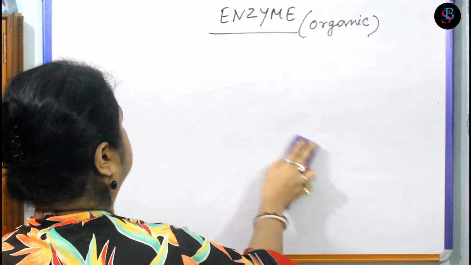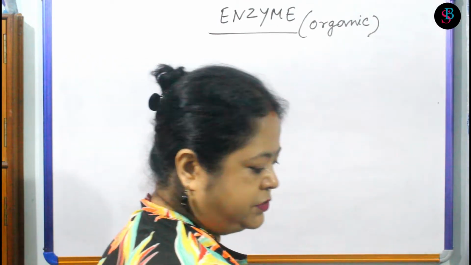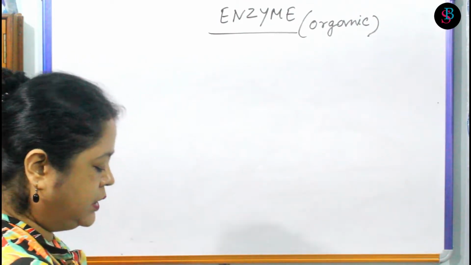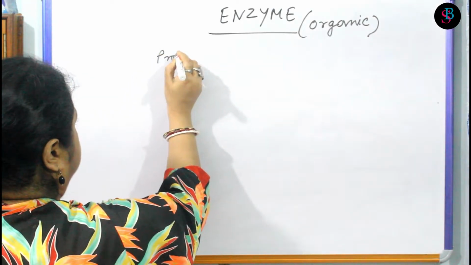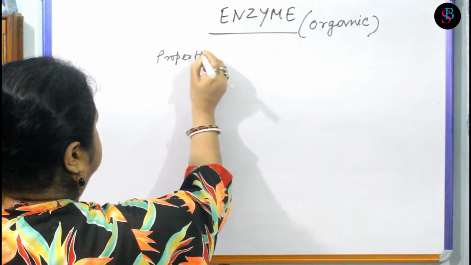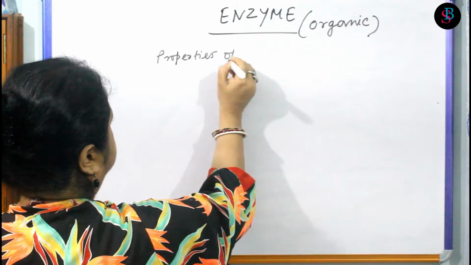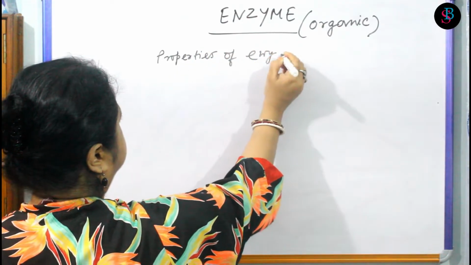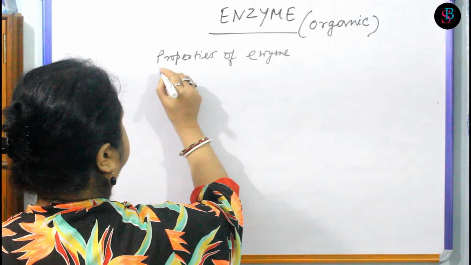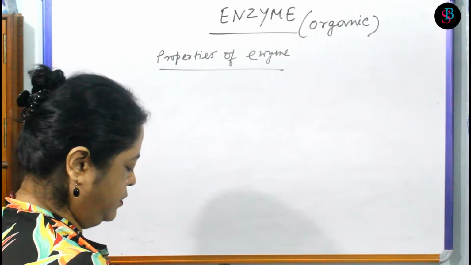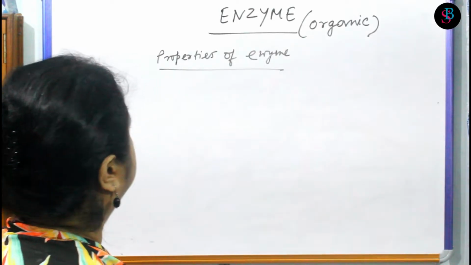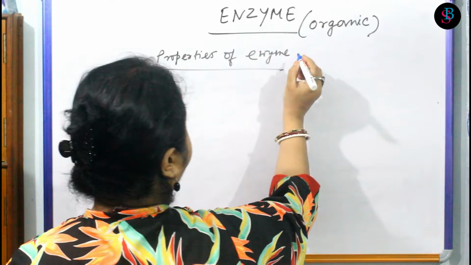All the enzymes, other than an exception I am telling later, we can give the heading like this: properties of enzyme. Number one, they are made up of protein. All the enzymes are made up of protein.